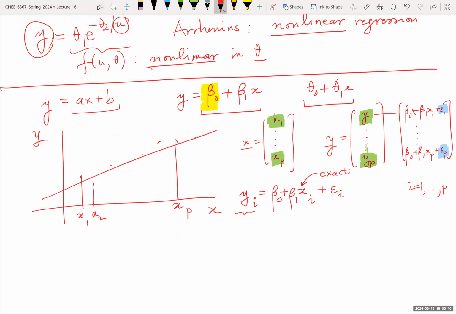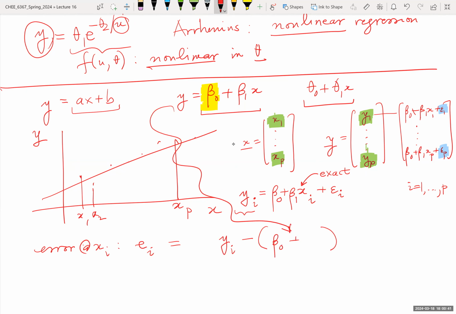Well, you create the errors. What is the error? The error at the point xi is defined as the measurement, the thing that you just measured, minus what your model structure produces. Your model produces beta 0 plus beta 1 x, if those are the true values, which you don't know yet. I'm going to be a little bit pedantic and strict, but I just want to emphasize that you don't know these yet.